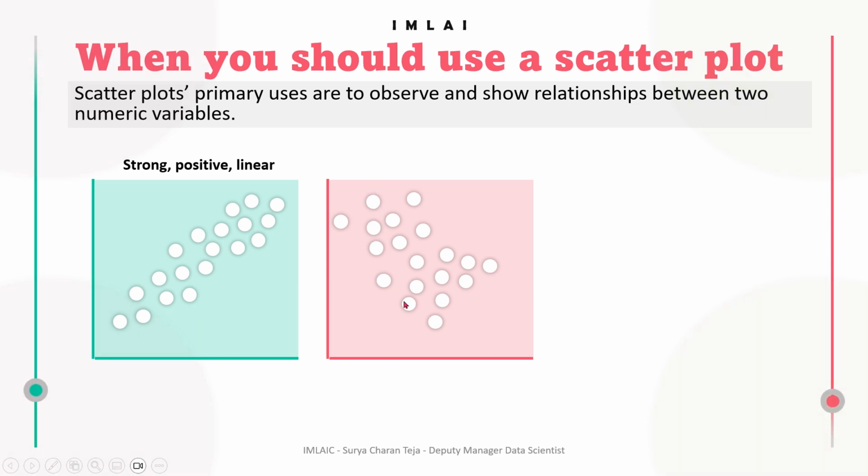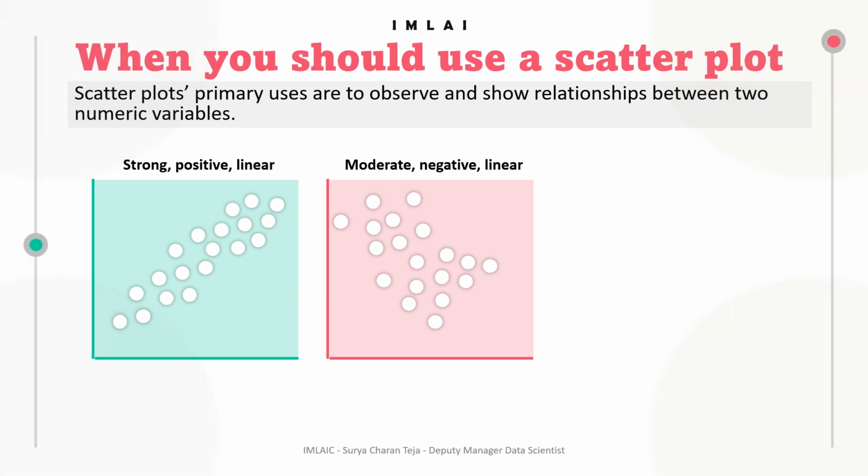As it goes to the right side, y is coming down. And these data points are not closely packed. Of course they look linear, so we call this moderate negative linear.